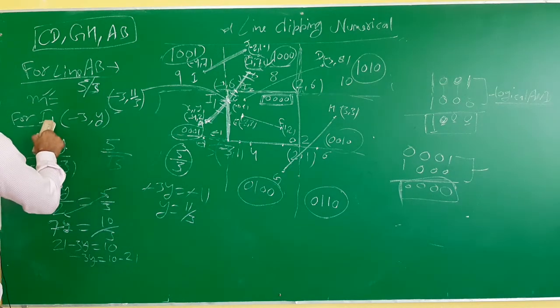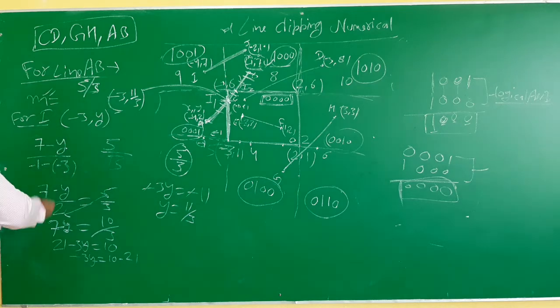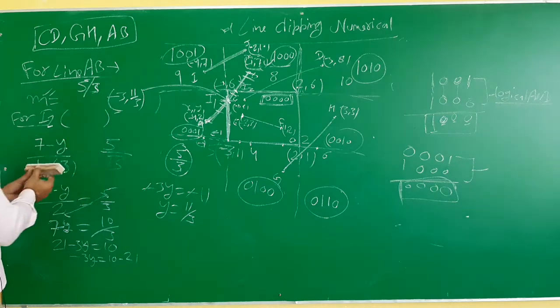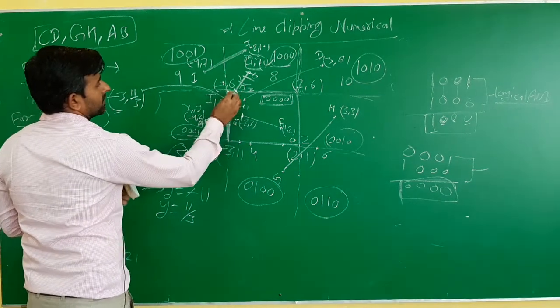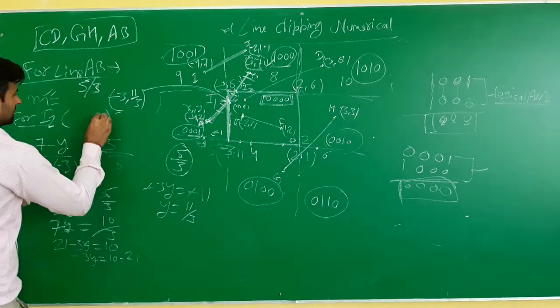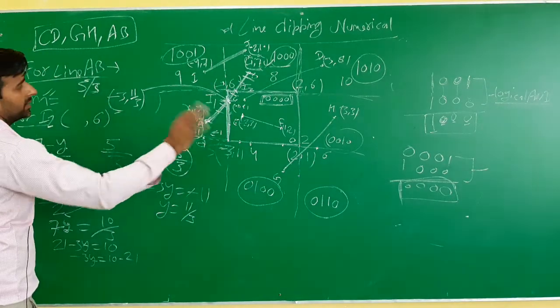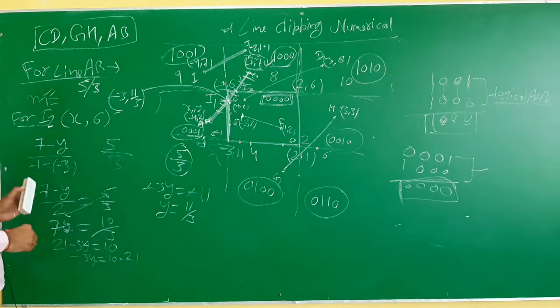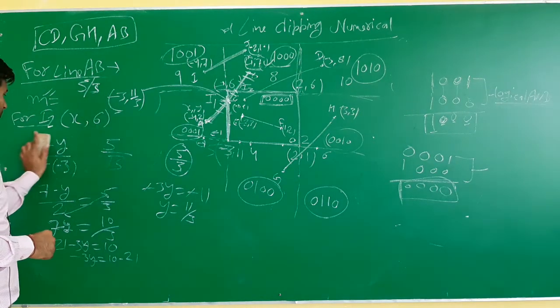Same like this, I am going to find the coordinates for I2. For I2, we have the same value of y, that is 6, but we don't have the x value. Clear?